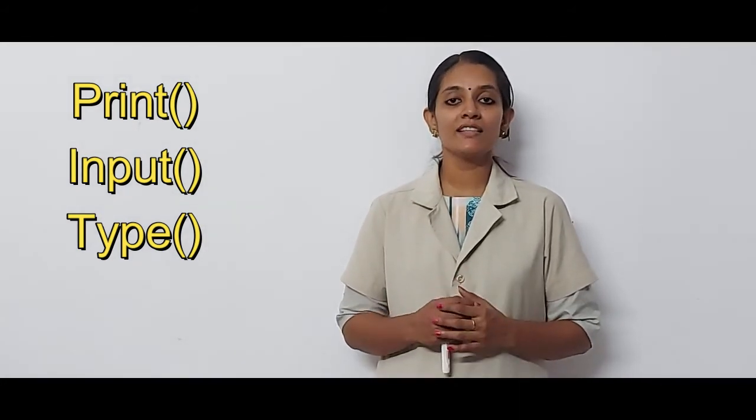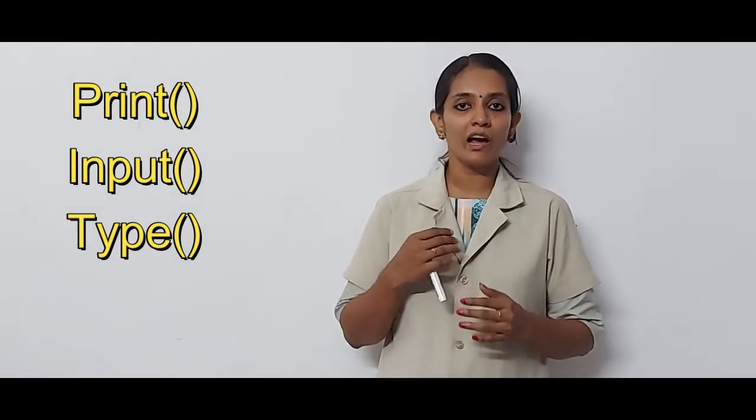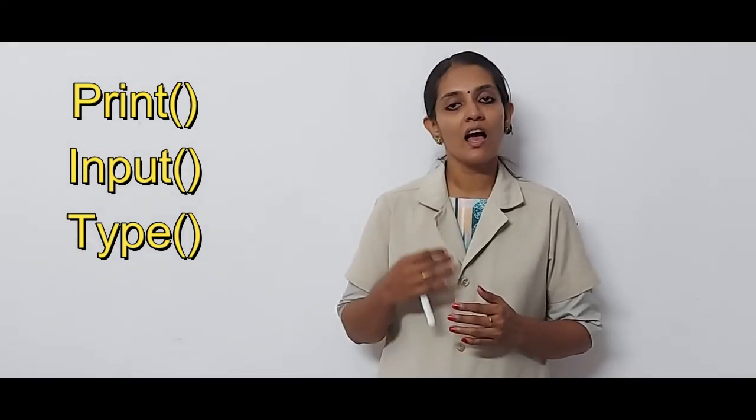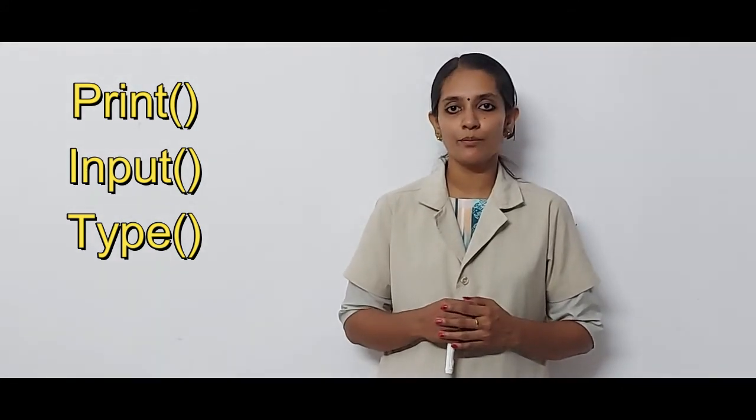The first one is the print function. The print function is used to display messages on the screen. It also allows us to display the output of expressions after processing. Print function is used to display the messages provided by the user on the screen.